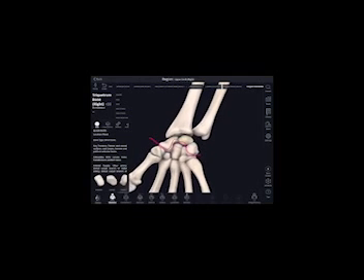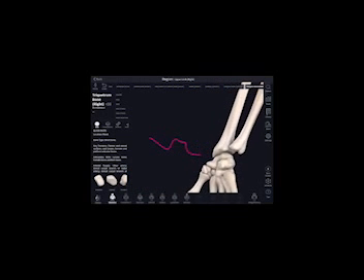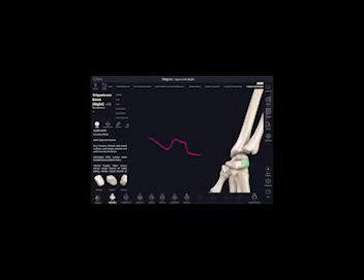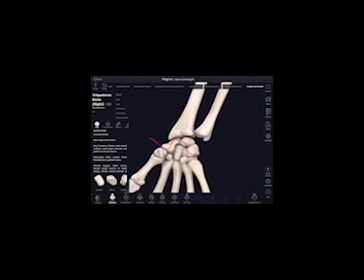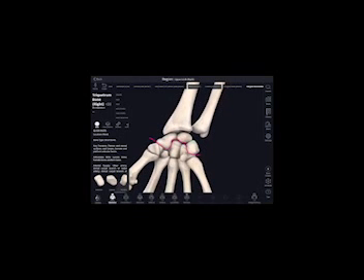Notice that if I move around, the triquetrum is actually only the bottom part of the carpal bone, and these are actually 2 separate bones. What's sitting on top of it is called the pisiform.